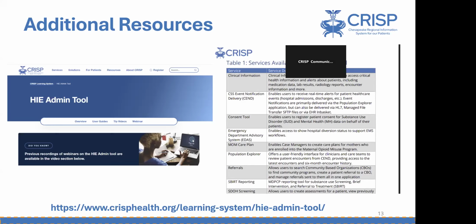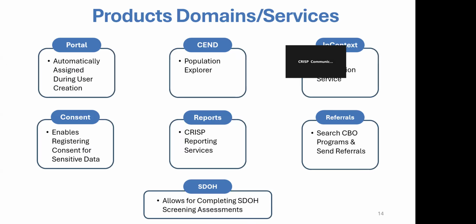Keep in mind that when the user asks for one of those accesses that can only be granted through CRISP staff, they will still probably ask you as the admin to confirm that this access is appropriate for the user.